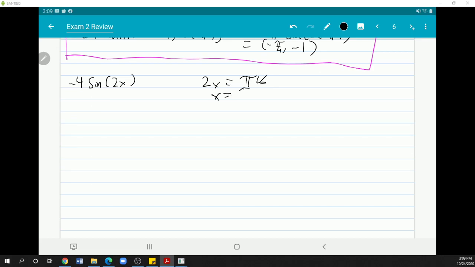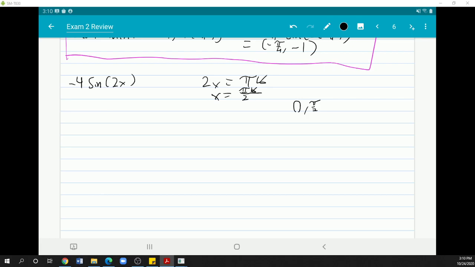X equals pi over 2 times k. So we see how many of those are in the interval. Here pi over 2 works because it's less than 2 pi over 3. If I add another pi over 2, I'm at pi. That's too big. 0 also works. That's in that interval. And if I go back minus pi over 2, now I'm too small. So these are the only two zeros.